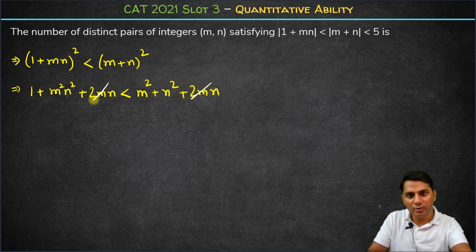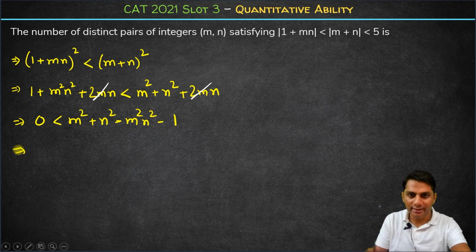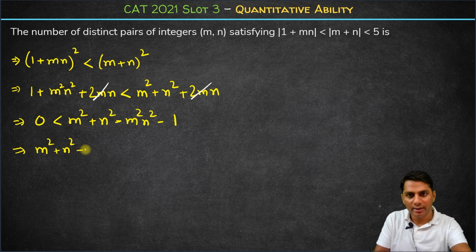So 2mn gets cancelled out. So what we have is, taking both these terms on the right side, we have 0 is less than m square plus n square minus m square n square minus 1. Okay. So switching the sides, what we have is m square plus n square minus m square into n square minus 1 is greater than 0.